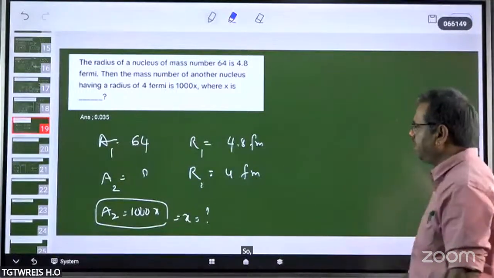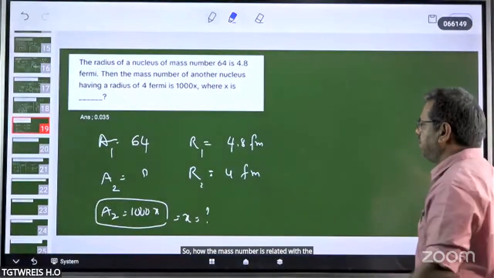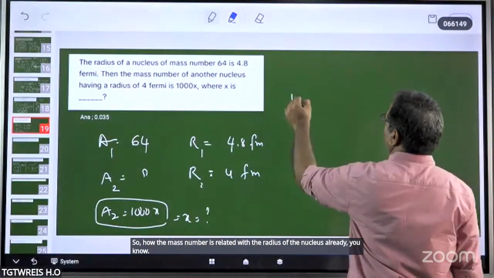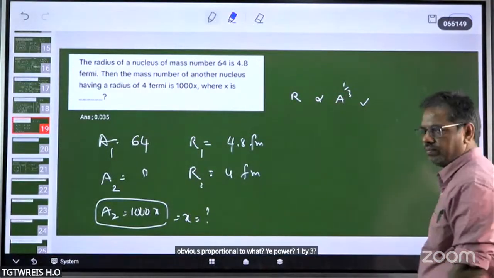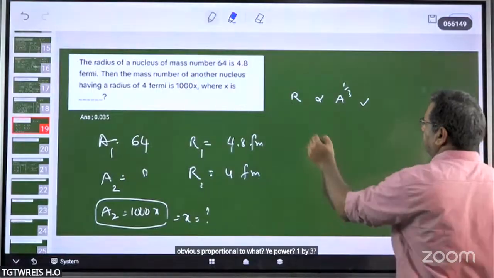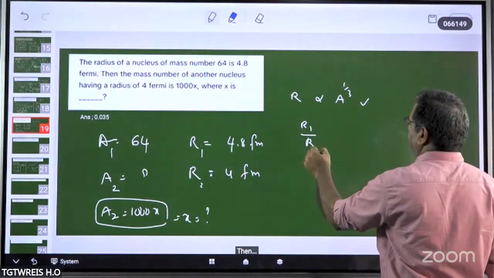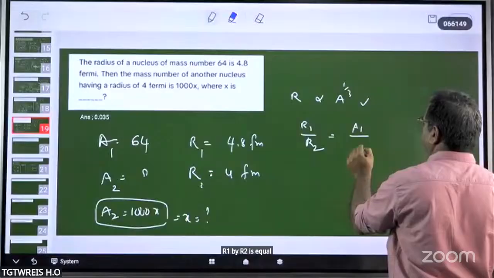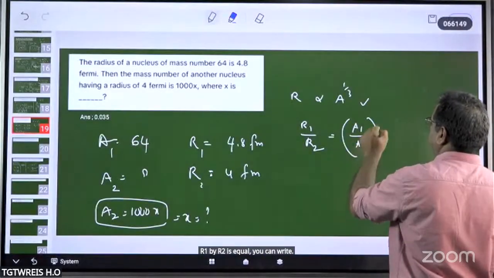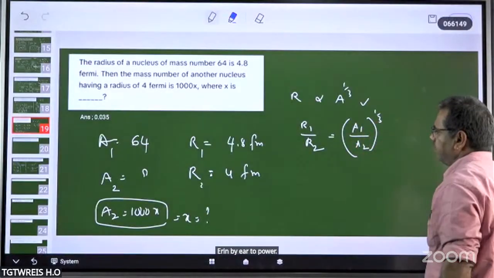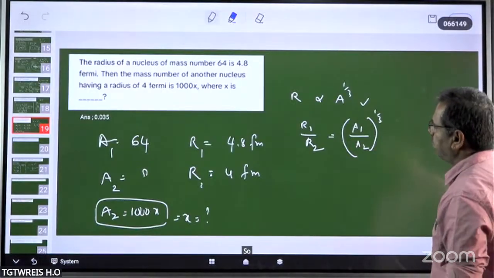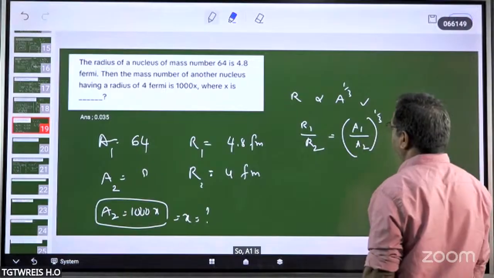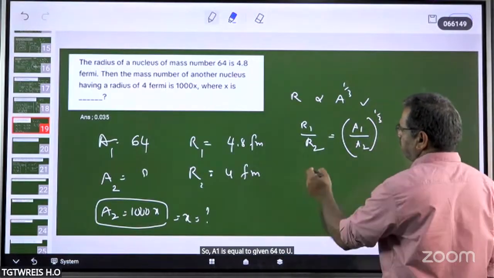Then what is the x value is actually asked. How the mass number is related with the radius of the nucleus, already you know: R is proportional to A power 1 by 3. Then R1 by R2 is equal to A1 by A2 power 1 by 3. So A1 is given as 64.